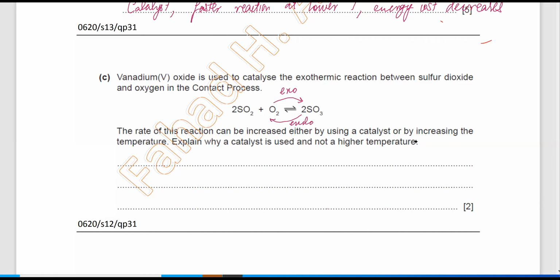So what's wrong with higher temperature? You have to explain that. If you increase temperature, which reaction is favored according to Le Chatelier's principle? It's always the endothermic reaction, which in this case is going to be the backward reaction.